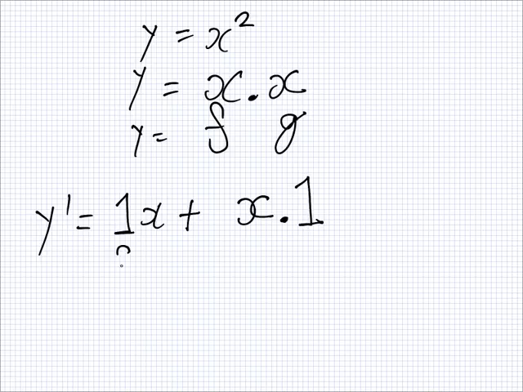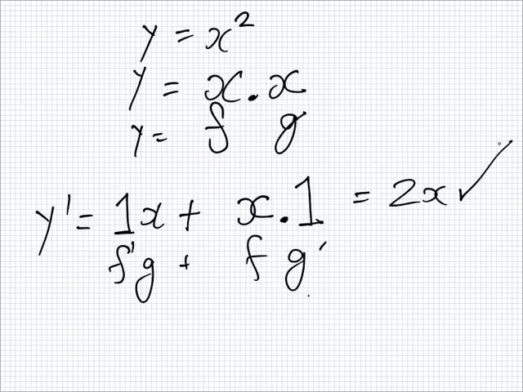So 1x plus 1x, 2x, which is exactly what you thought the answer should be. So you can see that the product rule works in this example where we know what the answer is. This is only an example to show that it works.